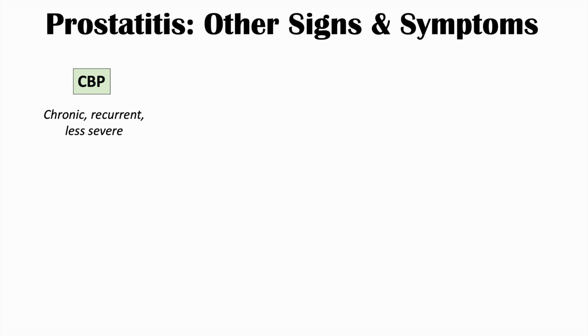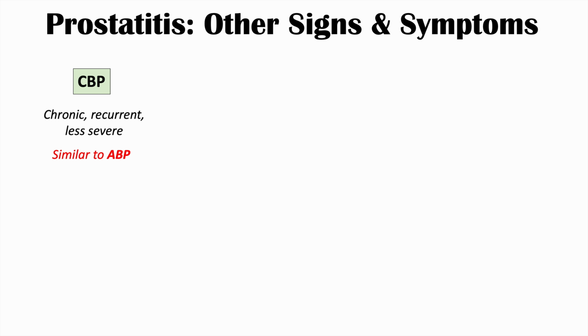They're going to be recurrent, so they're going to come and go, and they're going to be less severe. So again, the signs and symptoms are going to be similar to acute bacterial prostatitis. They're going to have a lot of those symptoms we talked about before, pelvic pain, some of those lower urinary tract symptoms, but they're not going to have some of those more acute symptoms like fever, the myalgias, and the malaise as much. So those are going to be less likely to occur in chronic bacterial prostatitis.